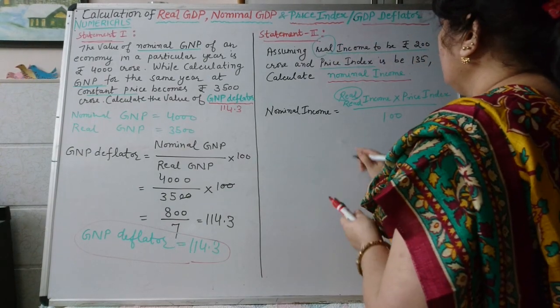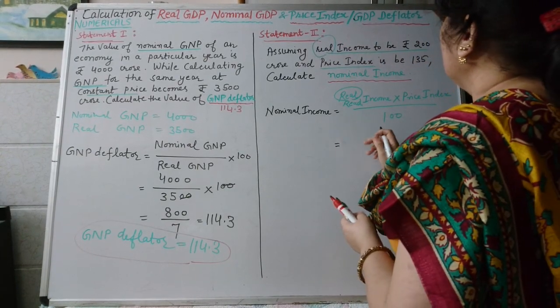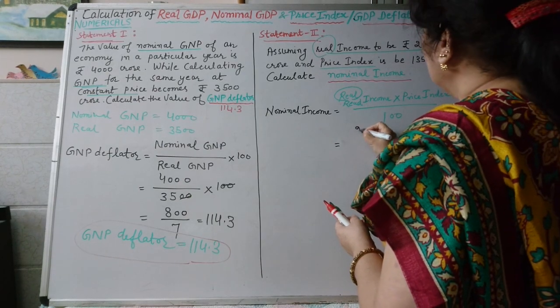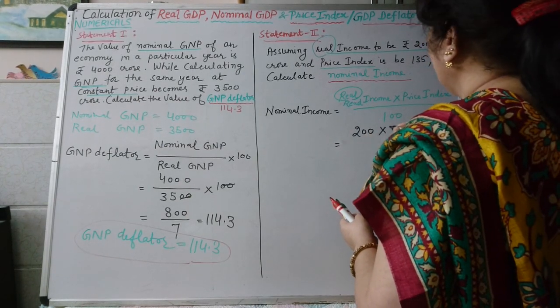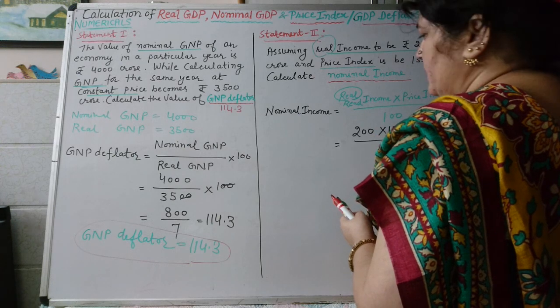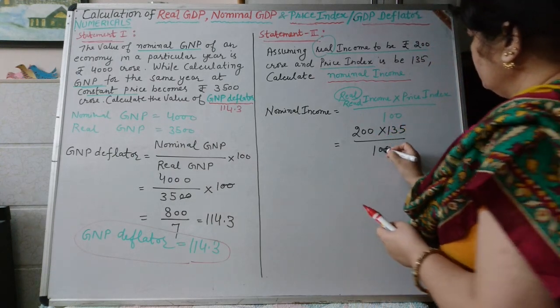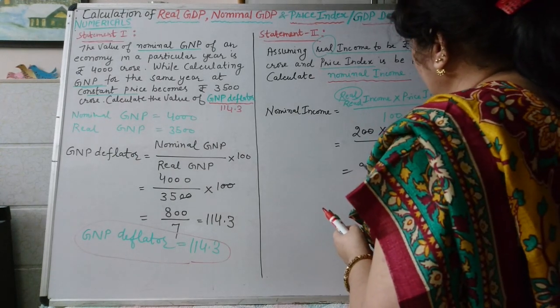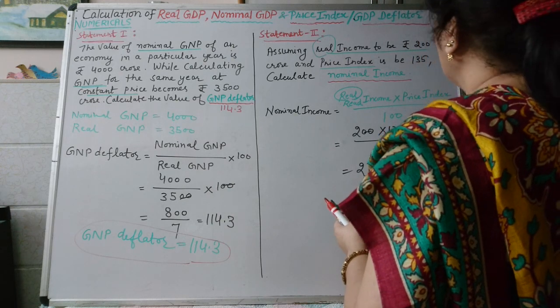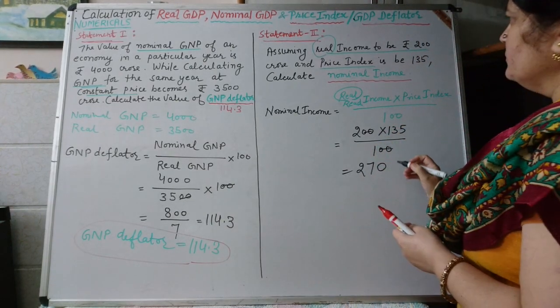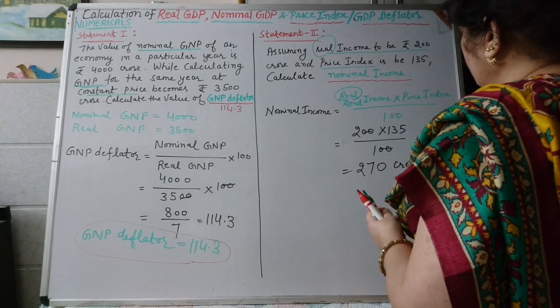So let us put the values. Nominal income is equal to 200 multiplied by 135 and divided by 100, and the answer will be 270 crore rupees.